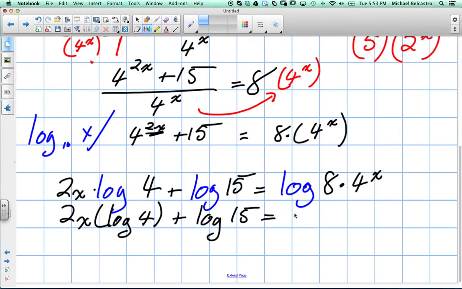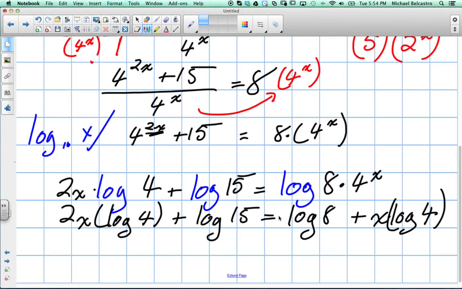On the right, because this is a product rule, I can change this to log 8 plus log 4, and then that x comes down in front again. So what I've now done is brought down all of my x's into somewhat of a linear function here.